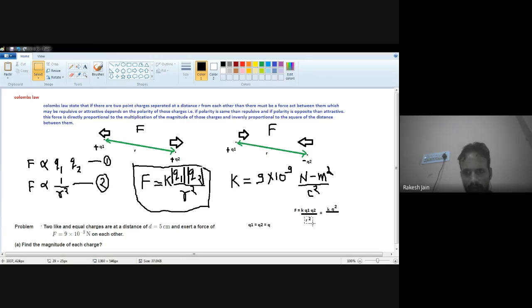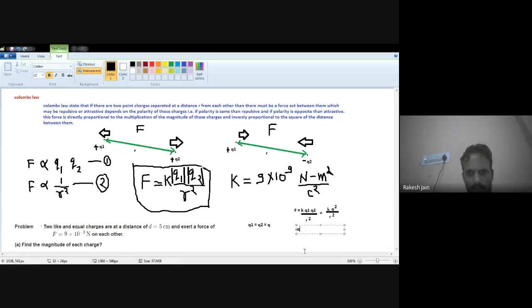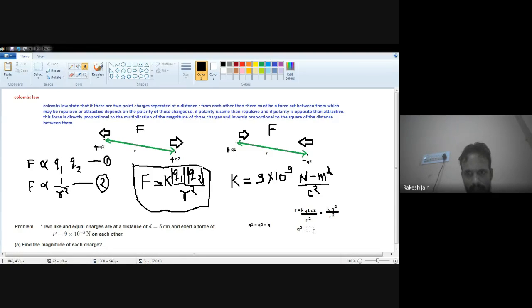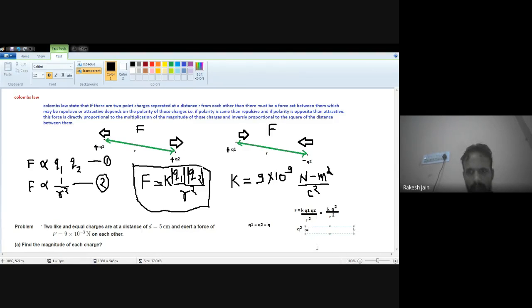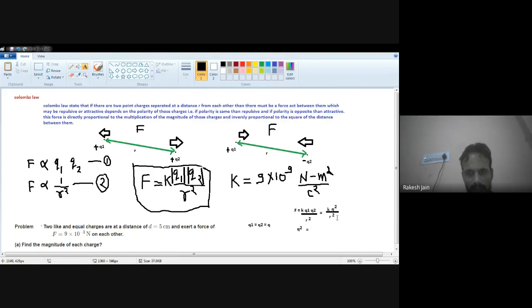Now we have to find the value of Q, because it is also Q1 and Q2. So what will be the new formula for Q square? Definitely Q square is equal to F R square divided by K. This F will be multiplied by this R square.